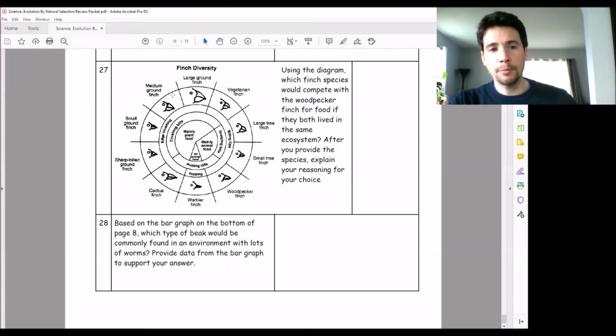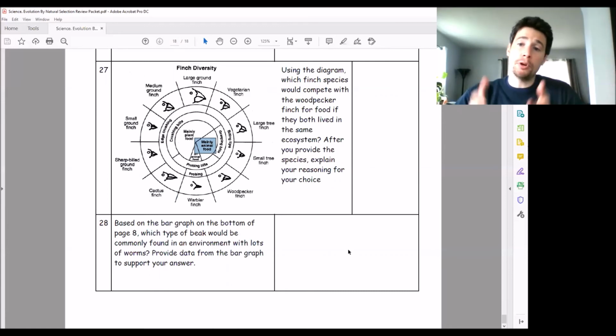And so if I put a medium ground finch that eats mainly plant food in the same tree with a small tree finch that eats mainly animal food, they eat different types of food. These two birds can probably live even in the same tree because their niches are different.